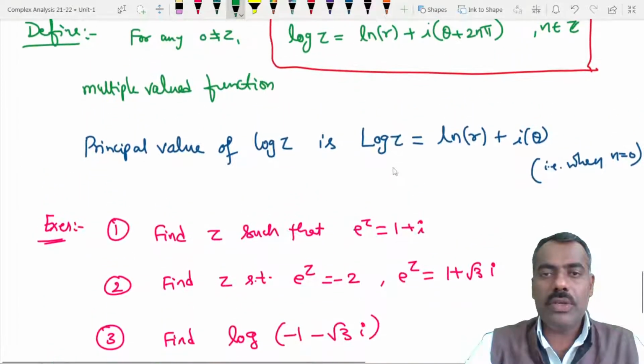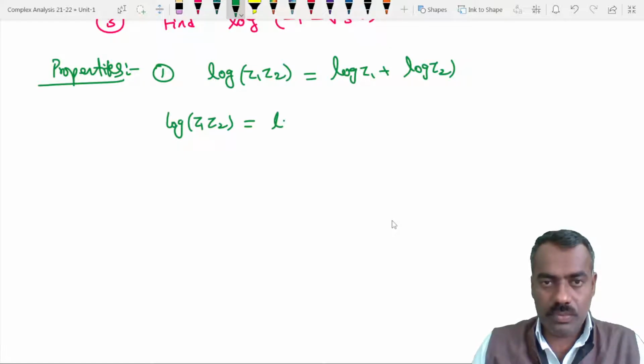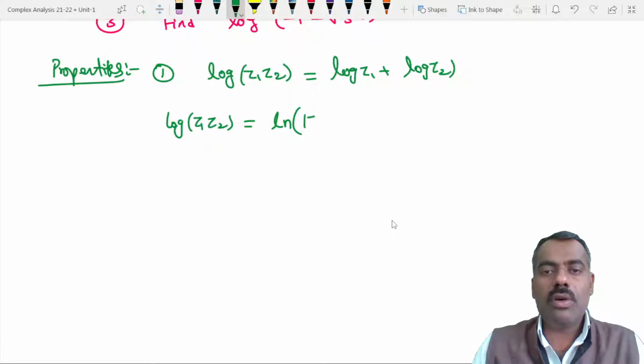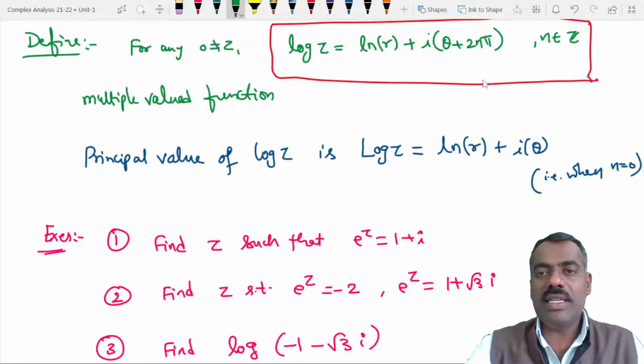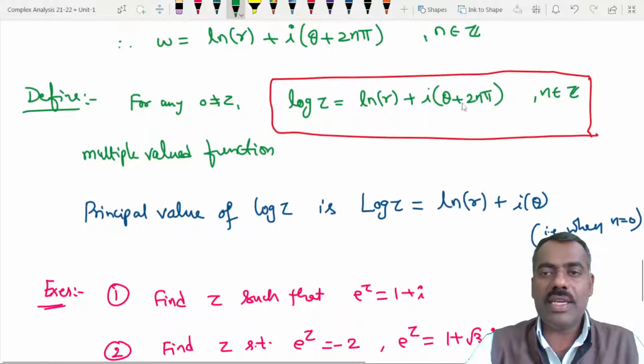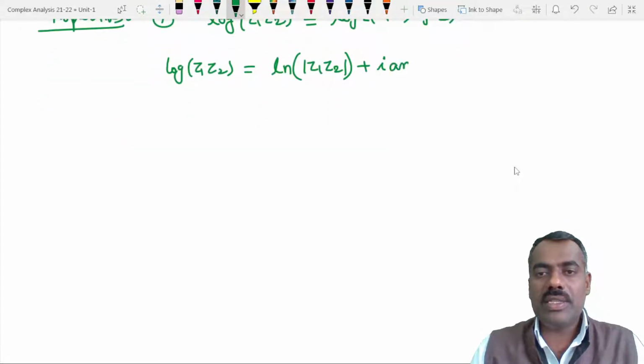I'll just give a hint: log z1 z2 is the natural logarithm of mod z1 z2, plus i times theta plus 2n pi, where theta is again the principal value, or you can write this as the argument of z1 times z2.